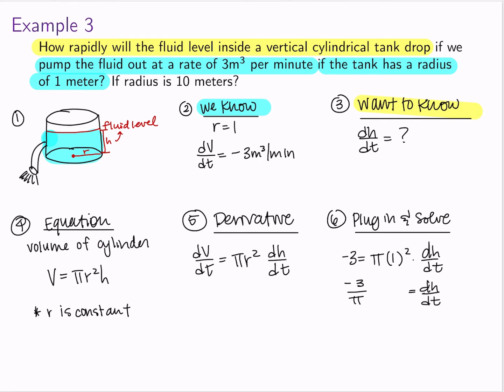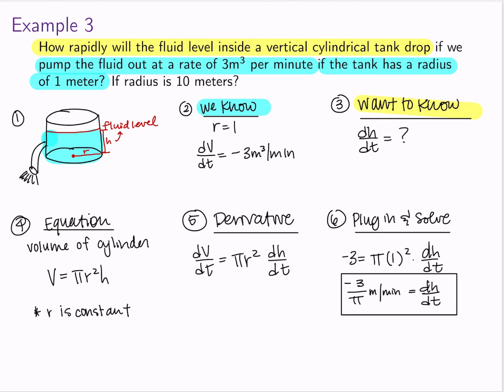But I need some units. How is the height changing? Well, this is measured in meters, and it's per minute. So this is meters per minute. So -3 over pi meters per minute. And the negative makes sense because if we're pumping water out, the fluid level should be going down.